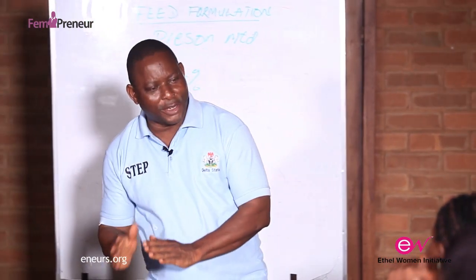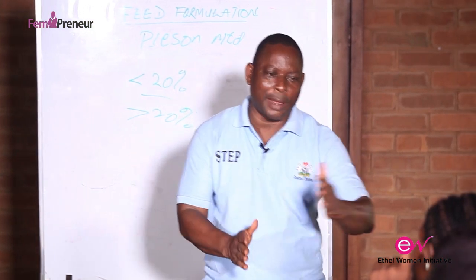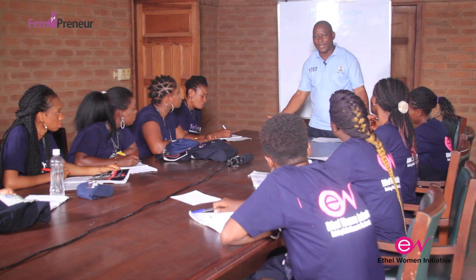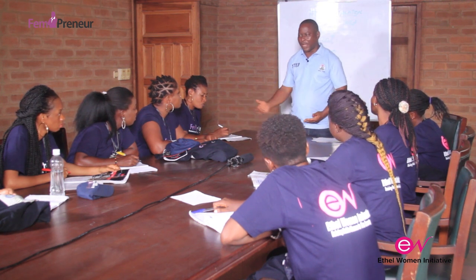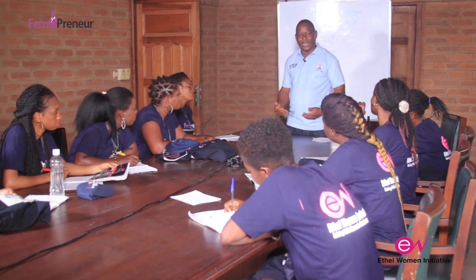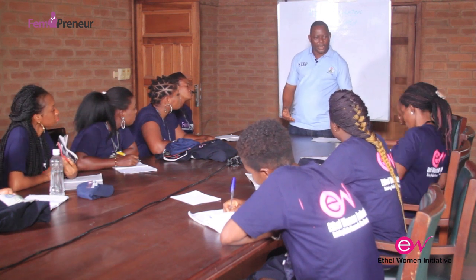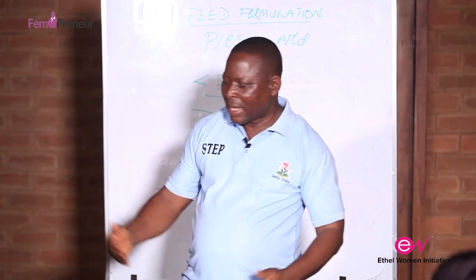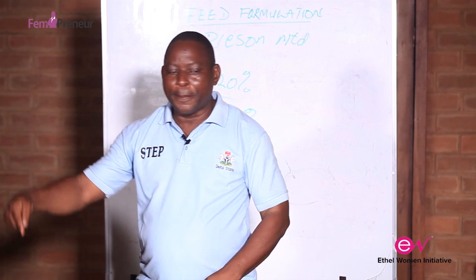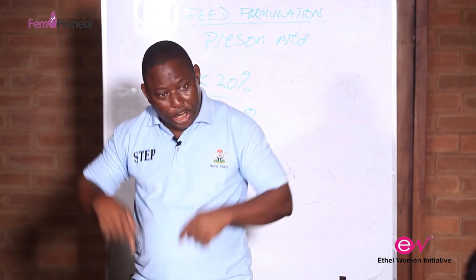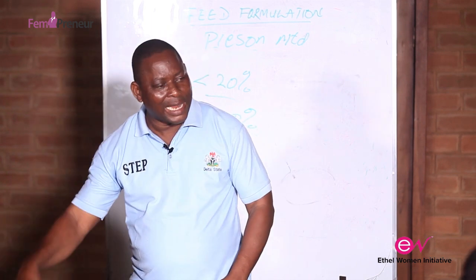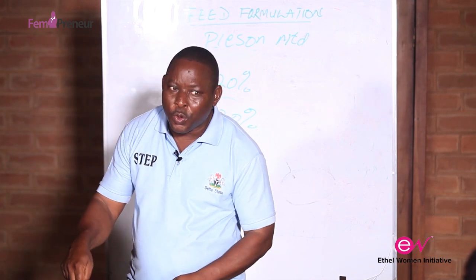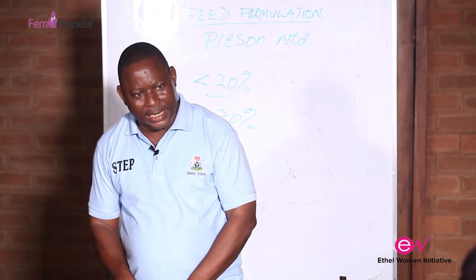I said the classification of carbohydrate. This group is carbohydrate group. This group is protein group. Like we cited here, let's assume you are a raw material, I take you to the lab for analysis for the nutrients we listed, protein and carbohydrate. I analyze you, and because you have protein and you have carbohydrate in you, I discover that the protein content in you is less than 20%.